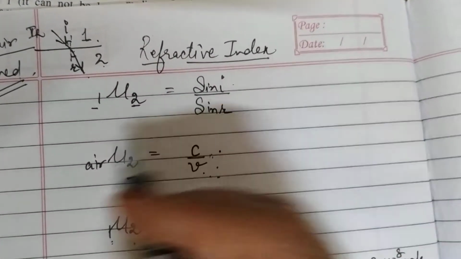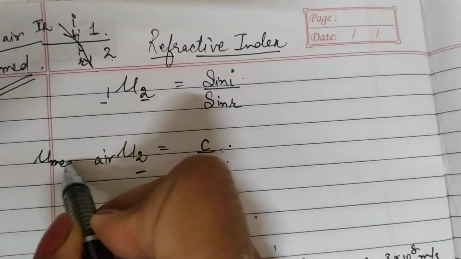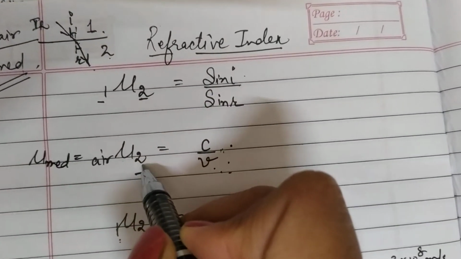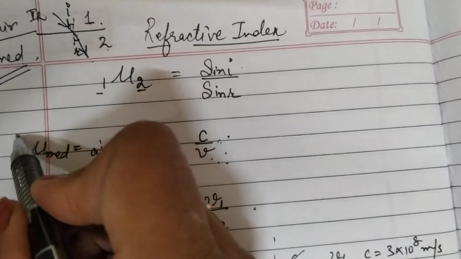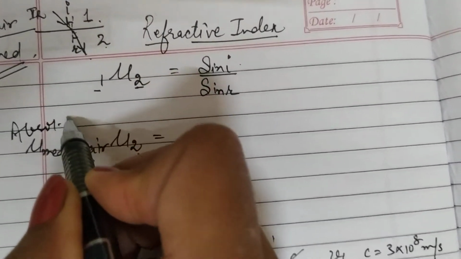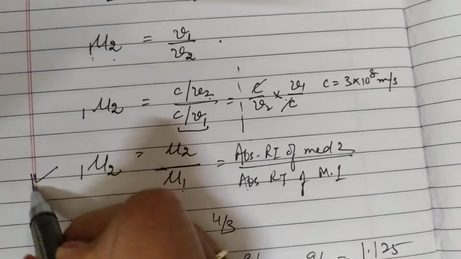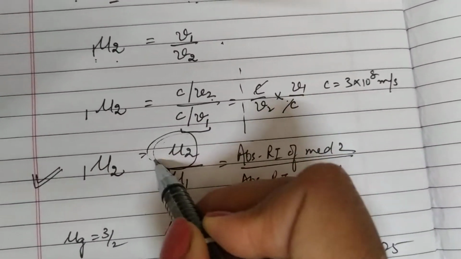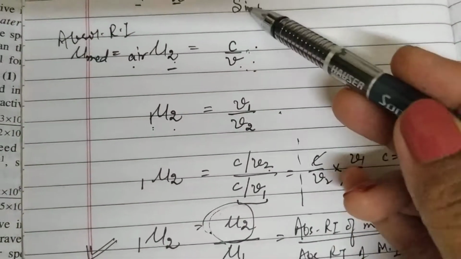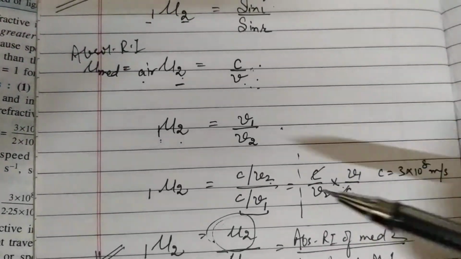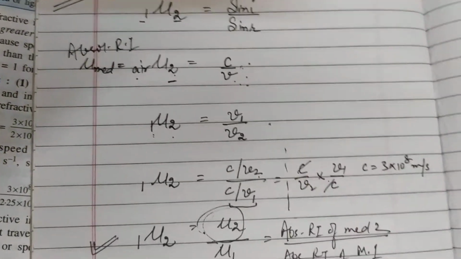So mu of medium is actually mu of the medium with respect to air, which is also called absolute refractive index. Only for this formula the quantity of the second medium comes in the numerator. All other formulae follow the quantity of the first medium in the numerator.